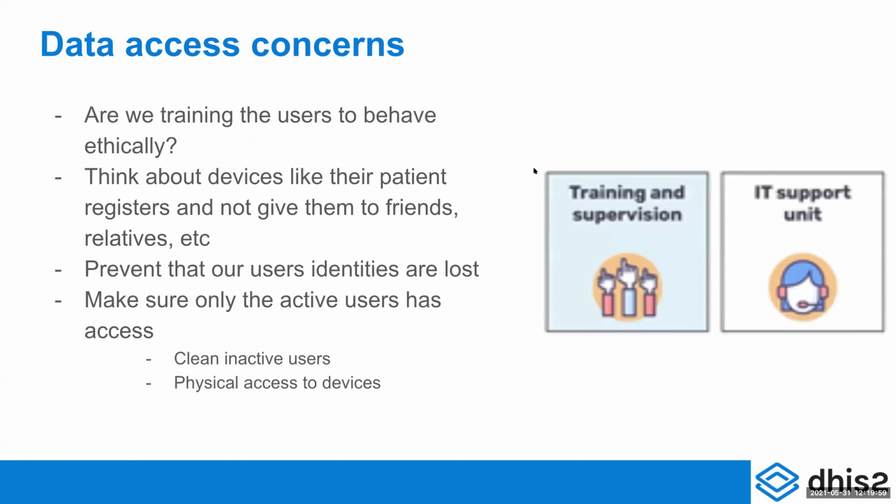If we continue to the other rooms of the house and have a look at the training and IT support unit, the data access concern is very prominent in these rooms. What we have to think about is whether we are training the users to behave ethically and to behave smartly.